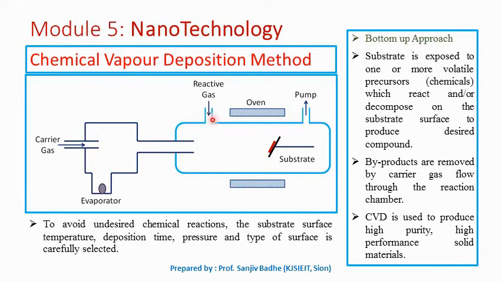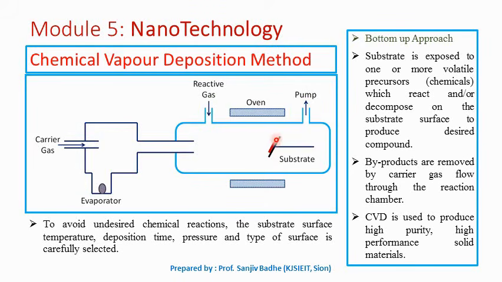So first, a predefined mix of reacting gases is introduced at a specified flow rate into this reaction chamber. This gas moves towards the substrate. The reactant gets adsorbed on the surface of the substrate and undergoes chemical reactions there.